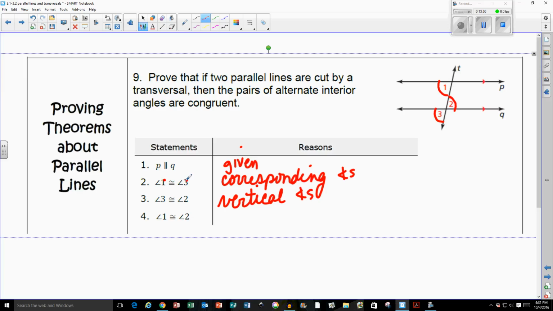So if 1 equals 3 and 3 equals 2, those cancel out, leaving me with 1 is equal to 2, and this is the transitive property. And therefore, I solved it.